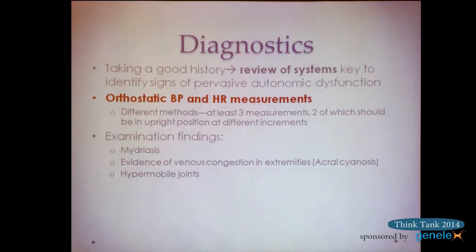We do orthostatic blood pressure and heart rate measurements. There are different ways to do this. We take at least 3 measurements, 2 of which should be in the upright position at different increments within a 10-minute period. I usually have my patients stand up for a minute, and then we take a blood pressure, and then we wait another 5 minutes and take a blood pressure and heart rate.